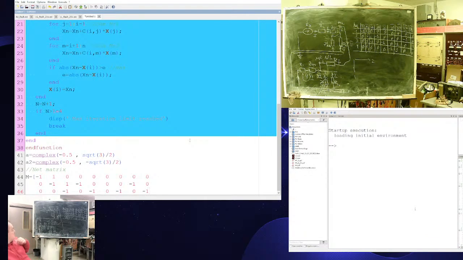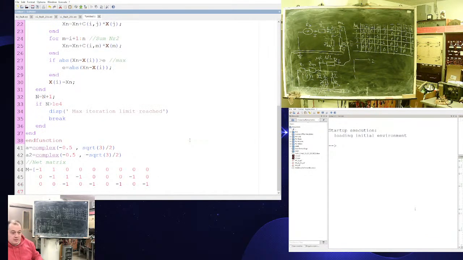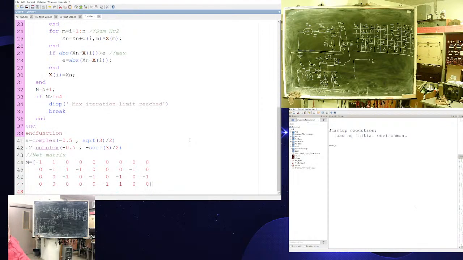Funny pattern, isn't it? And next one, 0, 0, 0, 3 zeros, 4 zeros, 5 zeros, -1, and 1, 0, and 0. Looks okay?